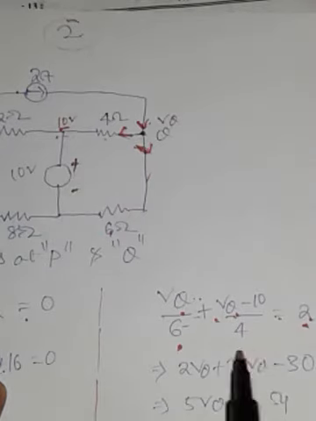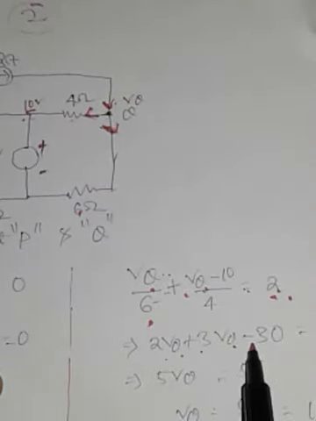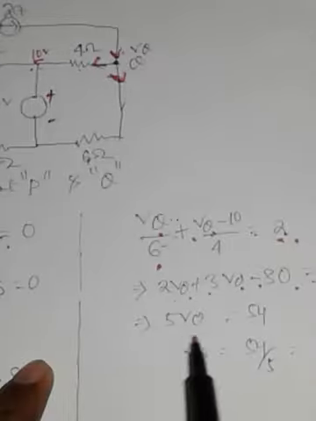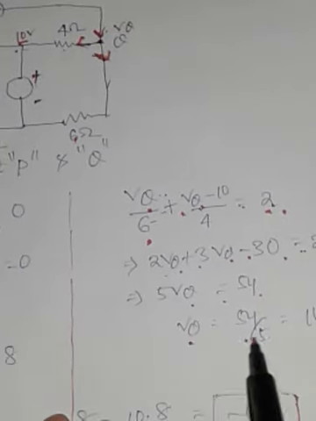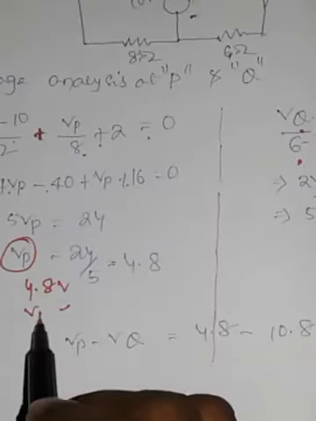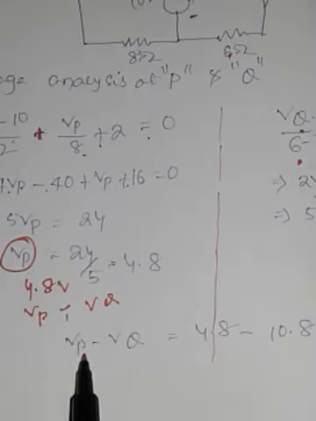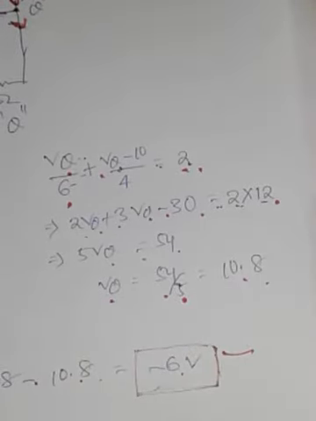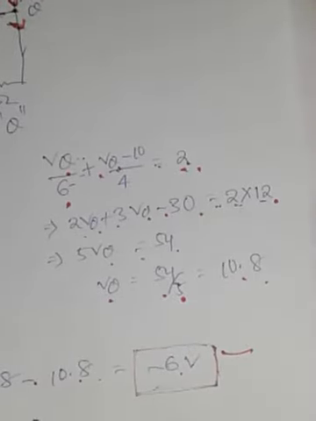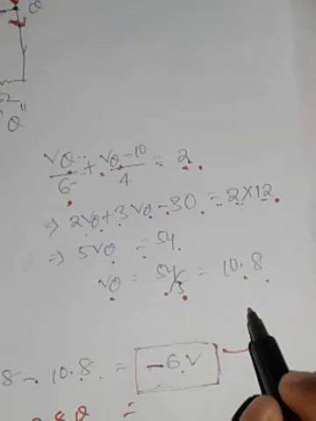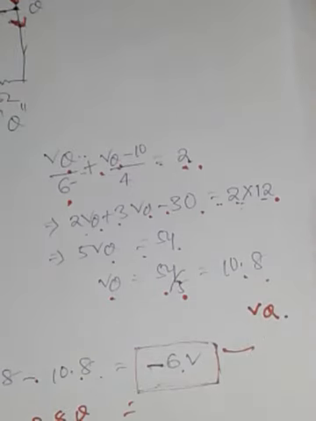Simplifying, we get 2VQ plus 3VQ minus 30 is equal to 2 into 12, so 5VQ is equal to 54. So VQ is 54 by 5, which is equal to 10.8. But in the question they are asking for the difference between VP and VQ. So VP minus VQ is equal to 4.8 minus 10.8, which is minus 6 volt. So the potential difference between terminals P and Q is minus 6 volt, meaning node Q is at a higher voltage than node P.